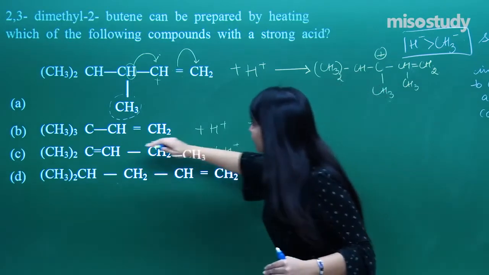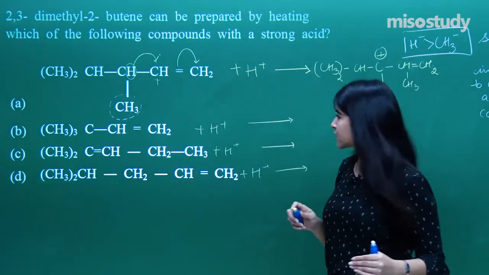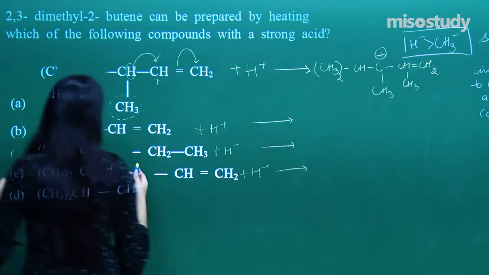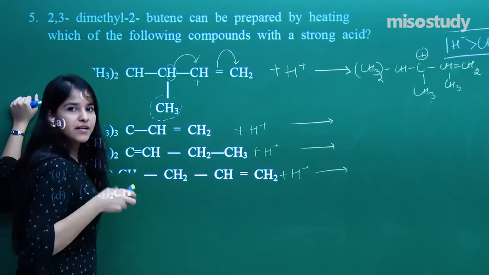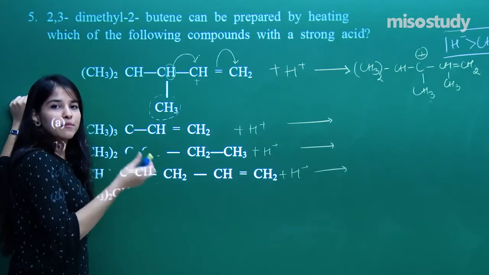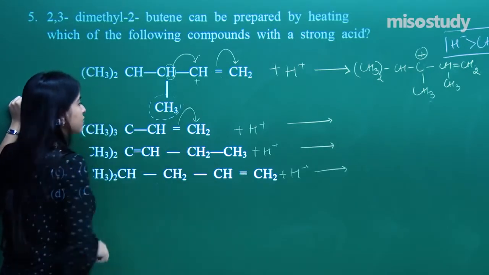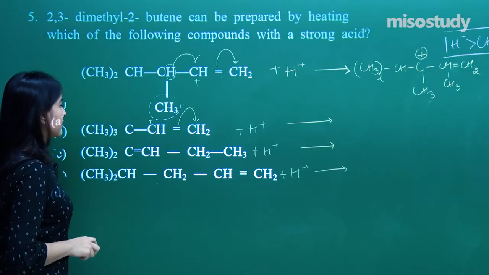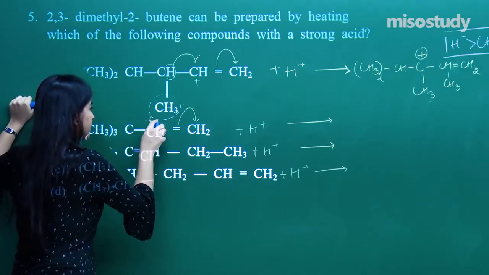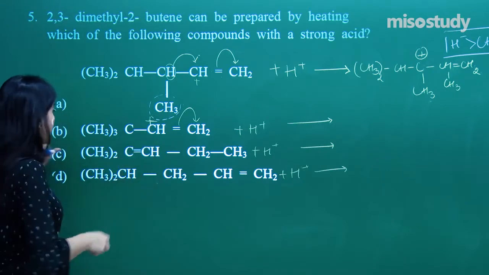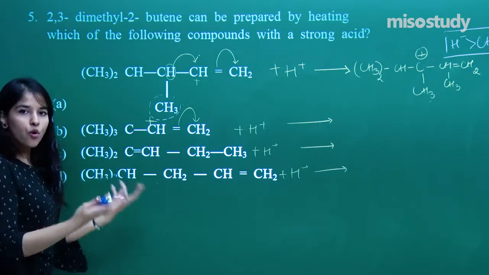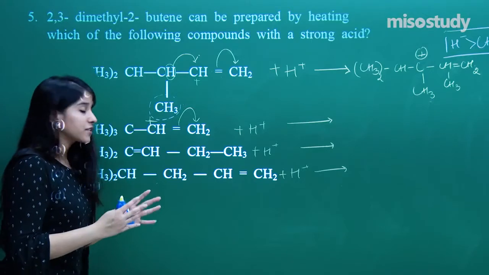Now if I try to perform the secondary reaction, what will happen? Again the shifting will be towards that carbon which results in the maximum stable carbocation. That means again I get a positive here, and this is a secondary carbocation that we have obtained. In order to obtain a more stable carbocation, what will happen?